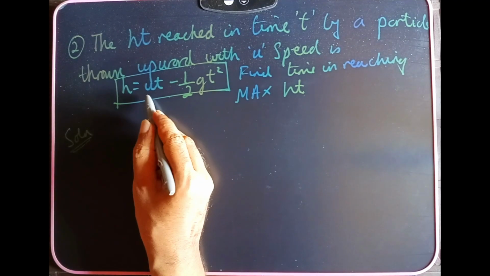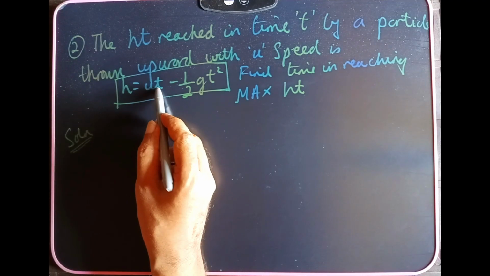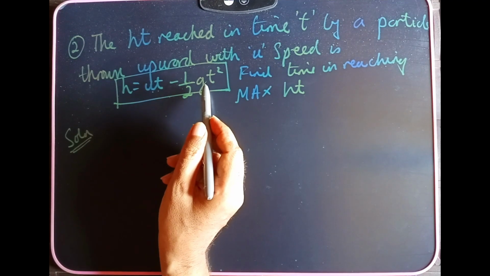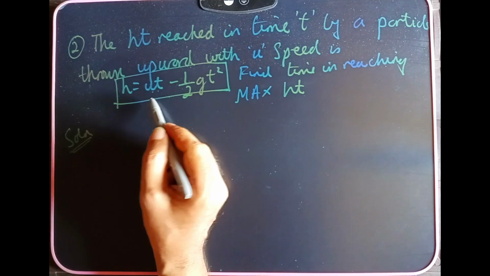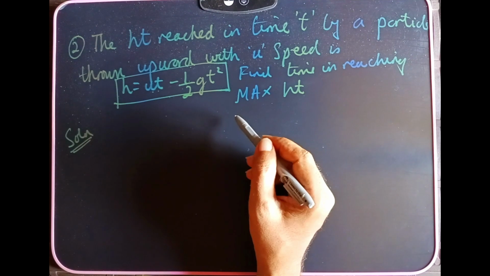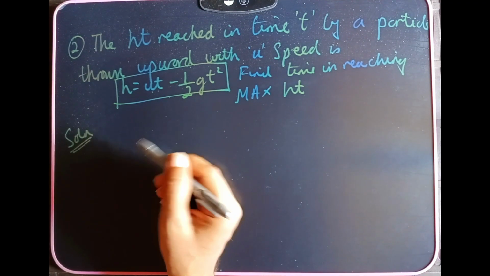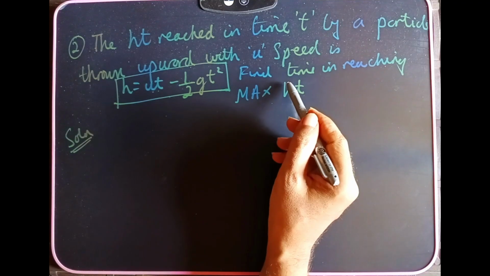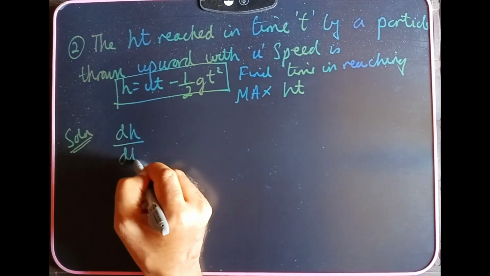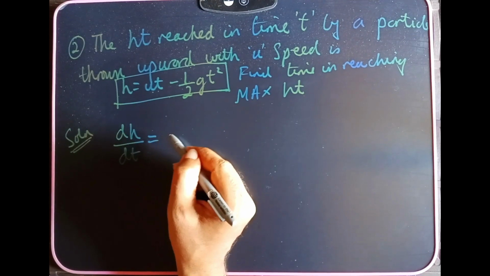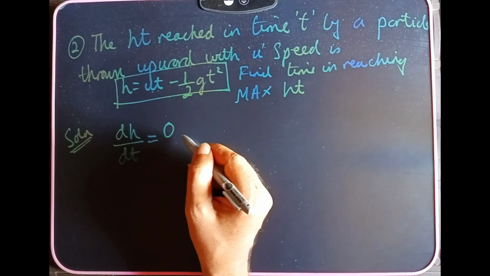So the function given here is h is equal to height is equal to speed u multiplied by time minus half gt square. So to find maxima or minima, the slope has to be 0, and we have to find it with respect to time. So the derivative dh by dt has to be 0 for maxima or minima.